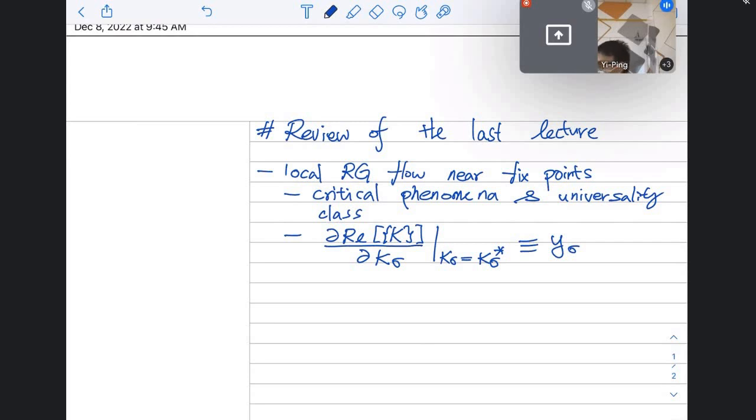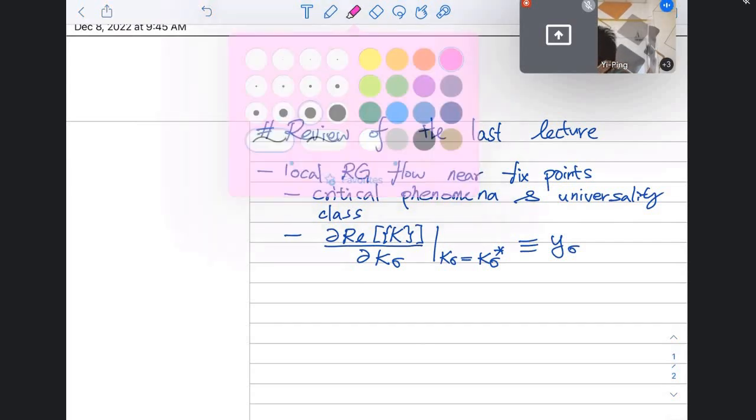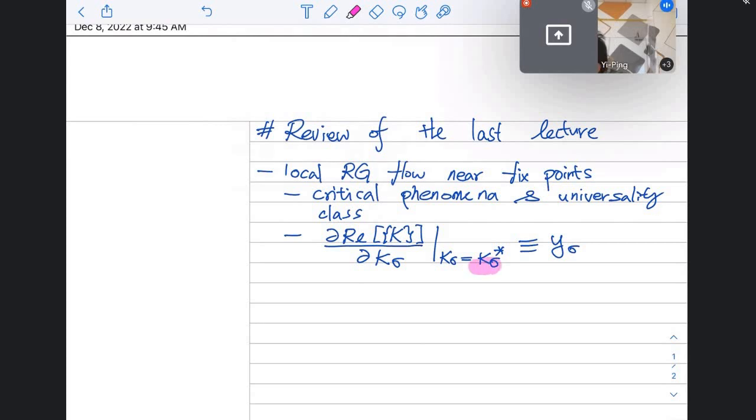So you can also ask how the external field changes when you change the scale, or when you perform the renormalization group transformation. Another important thing is that when you evaluate this object, you are always evaluating with respect to a particular fixed point. So whether a certain coupling is relevant or irrelevant depends on what fixed point you are talking about.